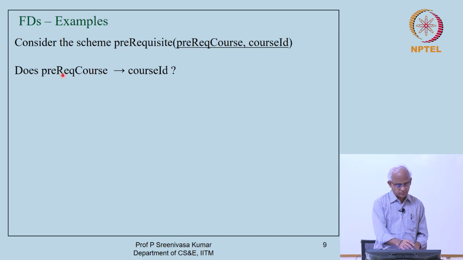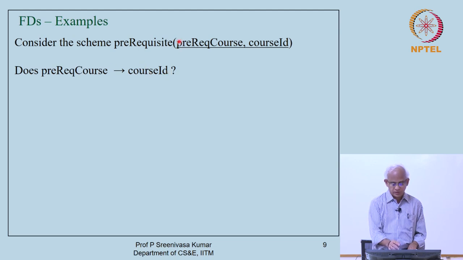Now, the question is, if two rows agree on prerequisite course, should they also agree on course ID in this relation? If they always agree in all instances of the prerequisite relation, then we say that prerequisite course determines course ID.